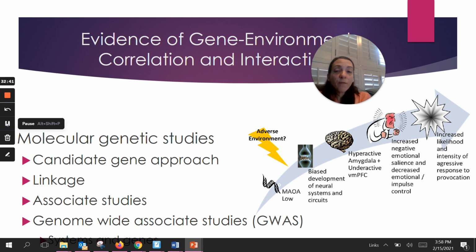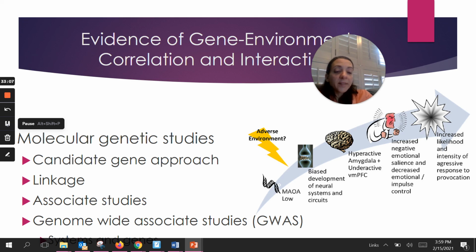GWAS studies focus on that gene-environment interaction. And we talked earlier about specific genes and systems: the serotonin, the dopamine, and the GABA systems. They're all implicated in disruptive behavior. In terms of dopamine, the genes interact with the environmental factors to develop disruptive behaviors.